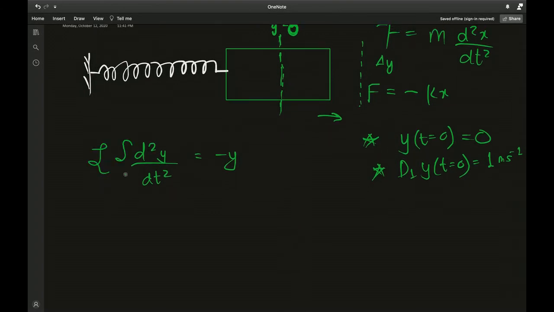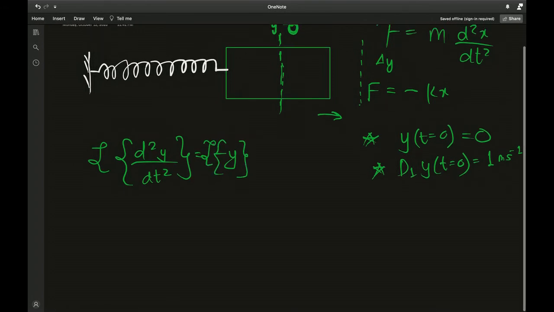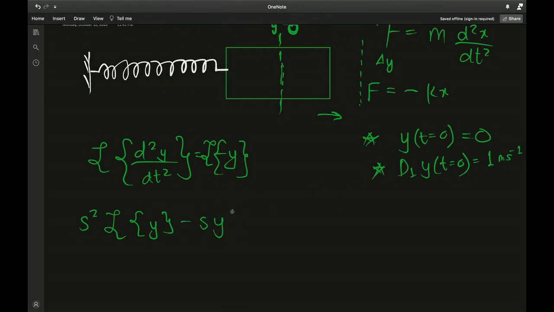Let's take the Laplace transform on both sides. When I do that, and I hope you watched the first video, the video before this one, we have s squared Laplace of y minus s times y at t equals 0 minus first derivative of y at t equals 0 is equal to negative Laplace of y.